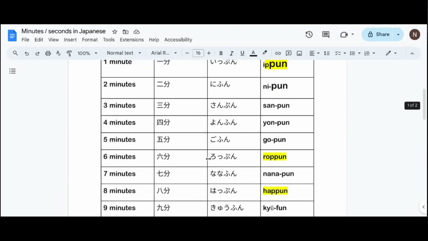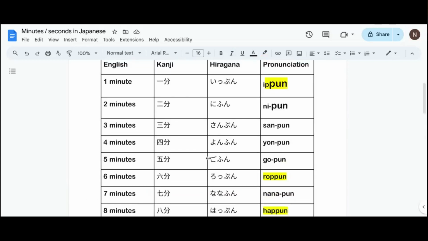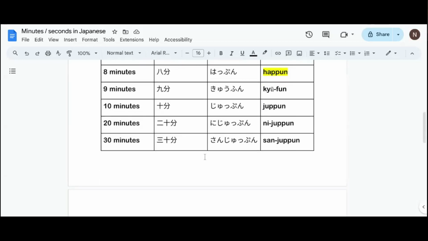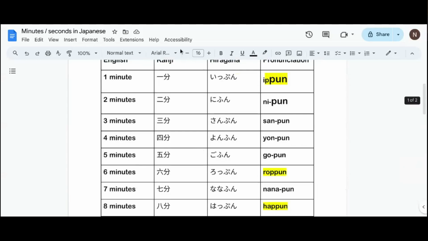Just remember that. For the time, o'clock, hours is jikan. For the minute is pun. For the seconds is byo. And then add all the numbers.